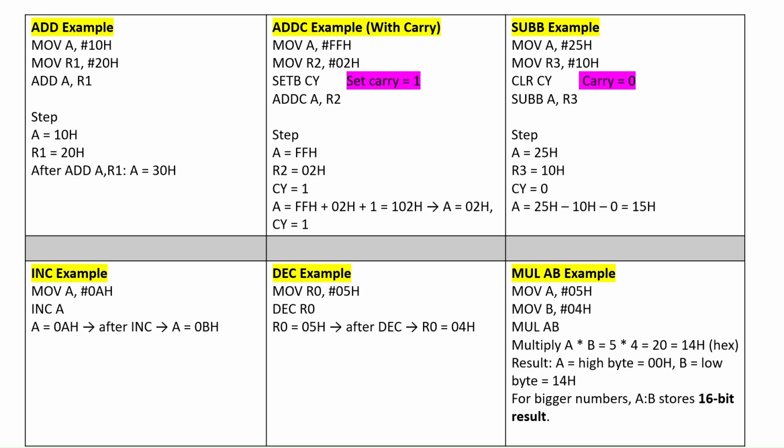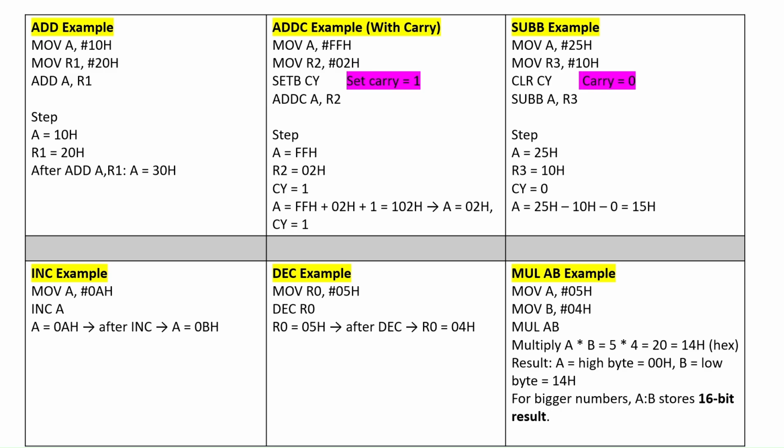ADDC instruction. The next instruction is ADDC, which means add with carry. Syntax: ADDC A, source. This instruction adds 3 values. Accumulator value, source value, carry flag. Example: MOV A, #FFH. MOV R2, #02H. ADDC A, R2.